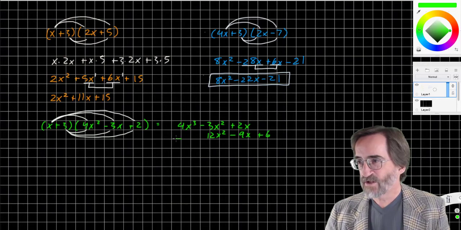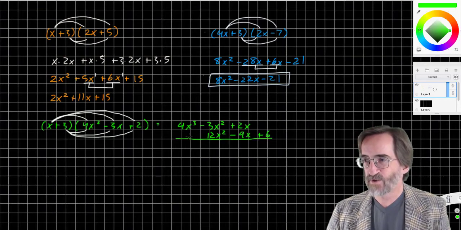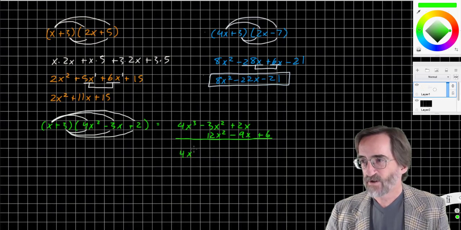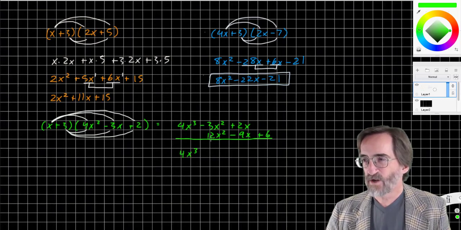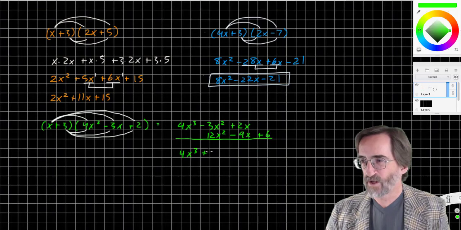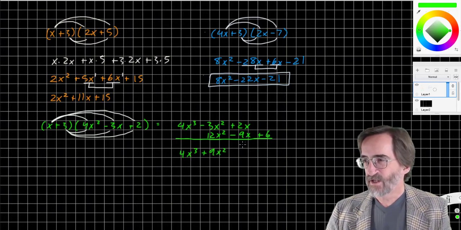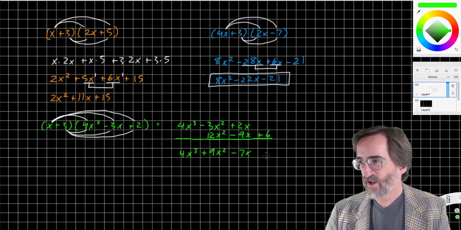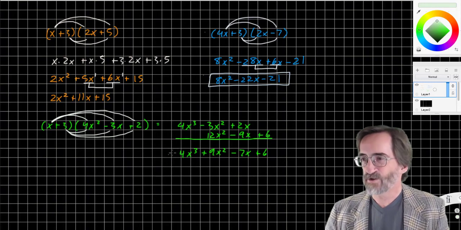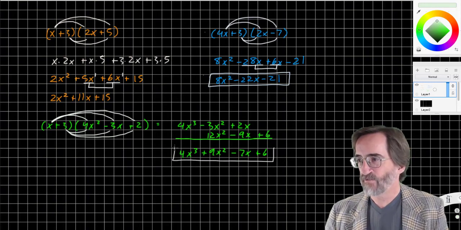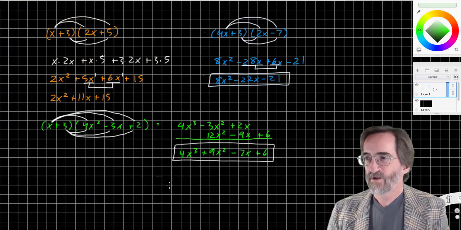So that kind of makes a cool way to write it, instead of writing it all in one row, and now I can just add straight down. 4x cubed, negative 3x squared and 12x squared is plus 9x squared. Negative 9x and 2x is negative 7x, plus 6. Okay, and so that's the result of multiplying a binomial by a trinomial.